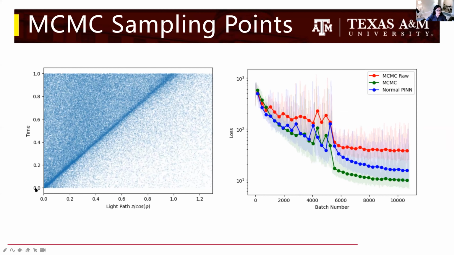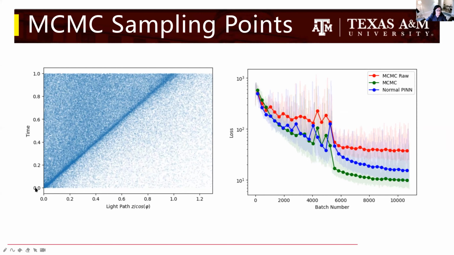This line is just around the position of this jump, which means the neural network is making bigger mistakes around the discontinuity region, and we move the collocation points around this position and force the neural network to correct these mistakes.